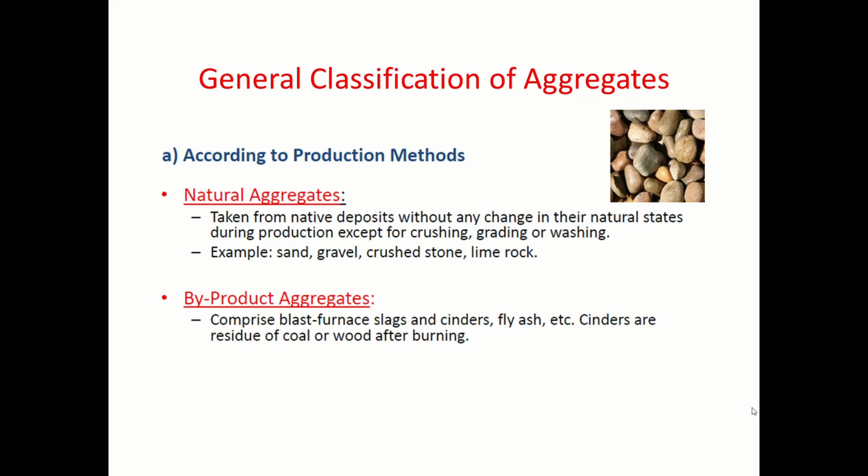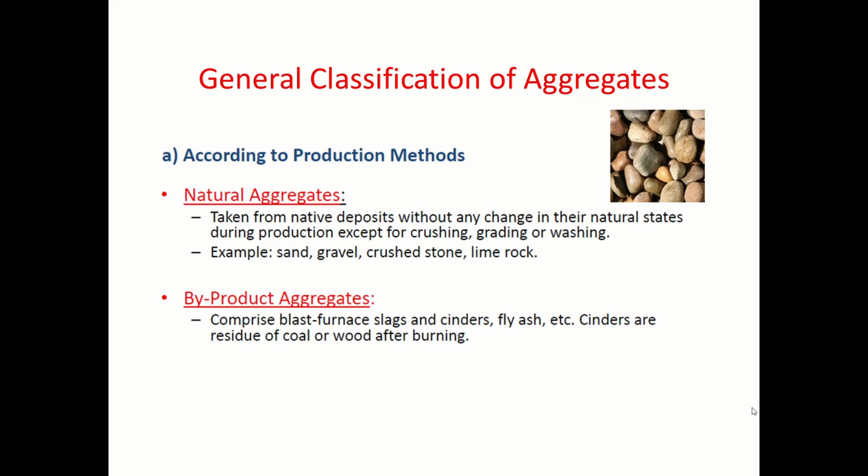But let us start with production methods. We can see natural aggregates, which are taken from native deposits without any change in their natural states during production, except crushing, grading, or washing.